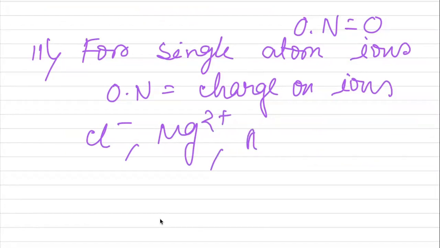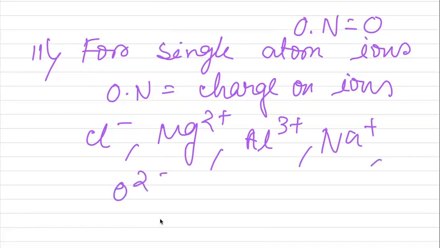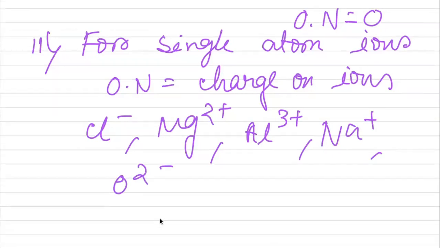For aluminum 3 plus, aluminum always is present as 3 plus, so its oxidation number will be +3 when present as a single atom ion. Just like sodium plus, its oxidation number will be +1. And if we consider oxygen 2 minus, its oxidation number will be -2, like this.